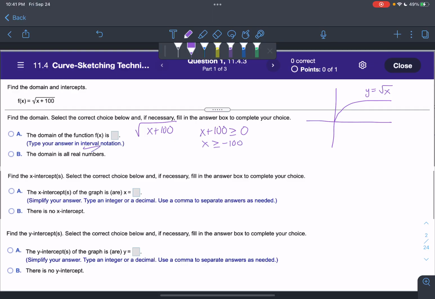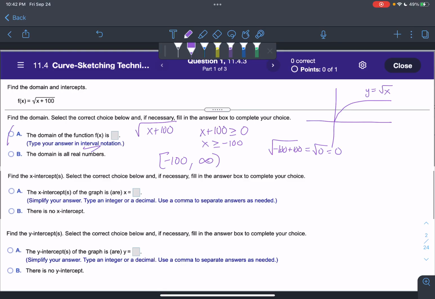So in interval notation, negative 100 is included, and then this goes to any positive number, because if we put in negative 100, we would just get the square root of 0, which is just 0. So negative 100 is included, and that's your answer for the first one.